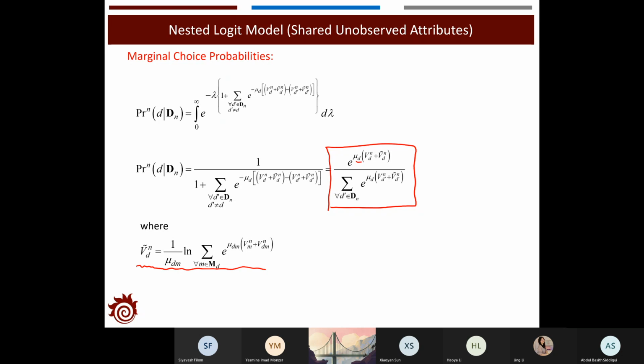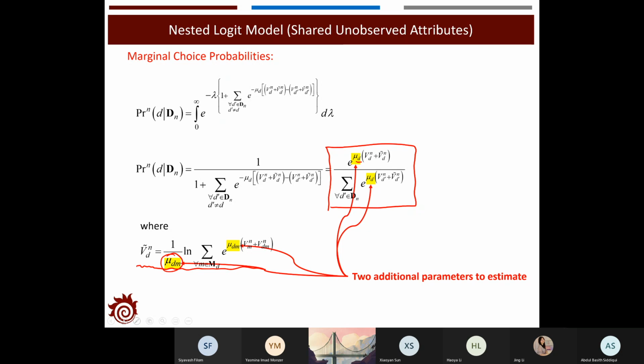It's quite similar to the log sum term we defined previously, but here we need to consider the parameter mu dm that we defined for the random term epsilon dm, and these are two additional parameters we need to estimate.